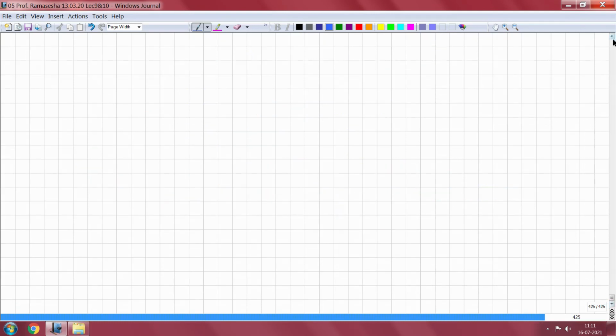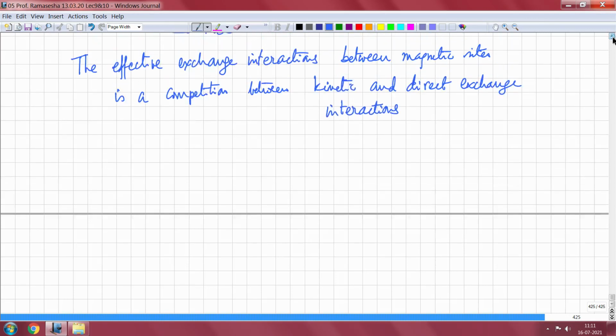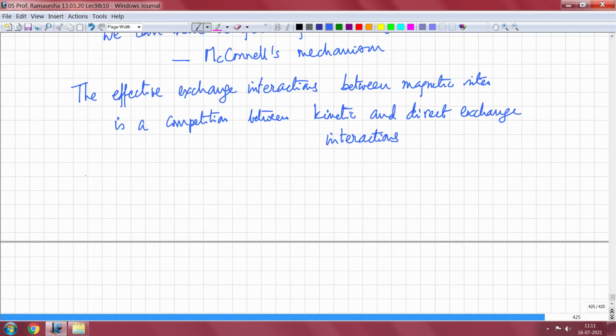And as you see, the entire magnetic interactions come about because of electron repulsions. Magnetic interactions come about due to electron-electron repulsions.